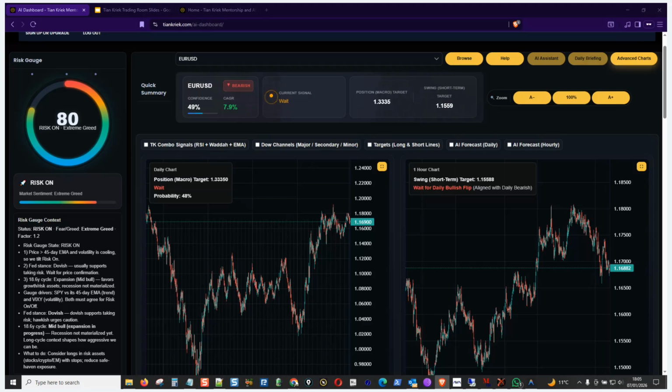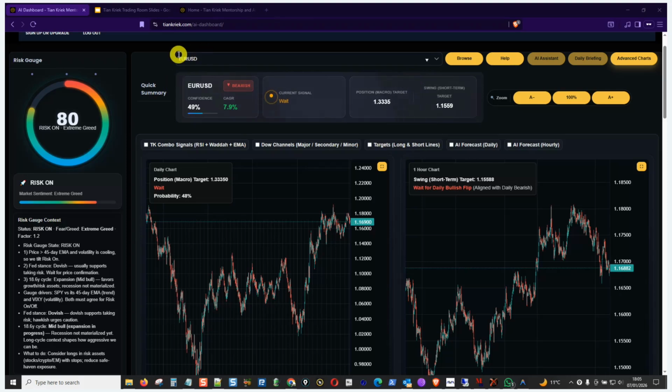But if you still want to fit everything into your screen, regardless of the size, or just play around with the zoom, then there is a zoom section on the right hand side over here.